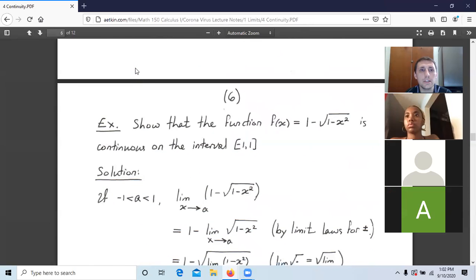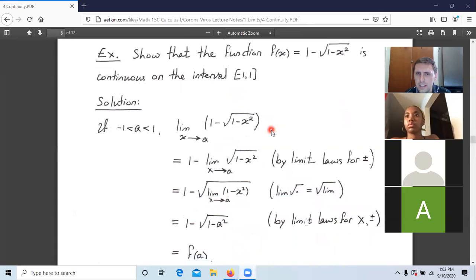This is just a trivial example here. We will show that this function f(x), which is 1 minus root of 1 minus x squared, is continuous on the closed interval from -1 to 1. So this is just an application of limit laws and the fact that limits can commute into roots, which we will maybe see later on with derivatives. I can give you an argument for why that's the case.